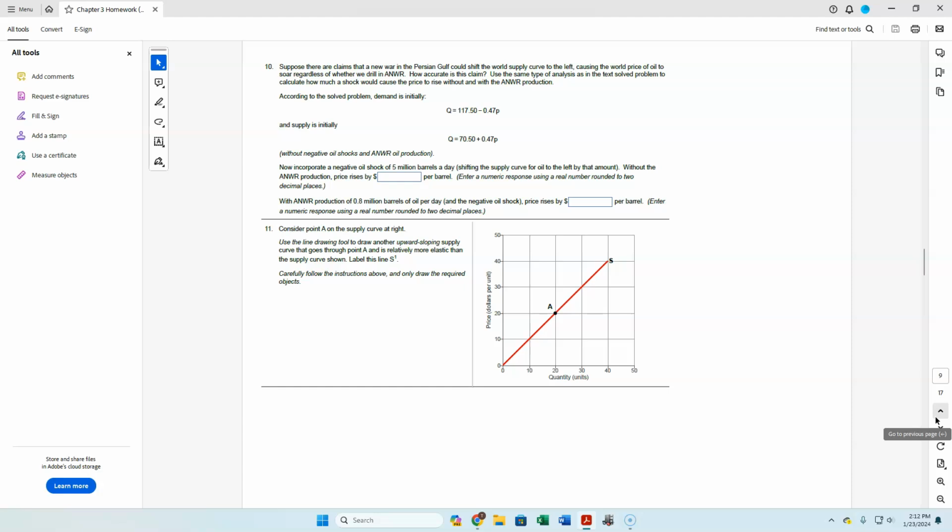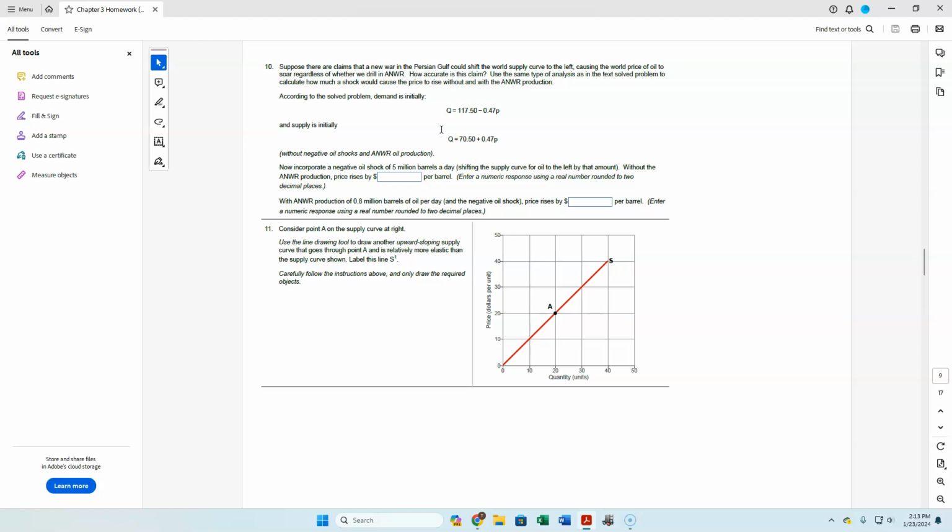Here in number 10, what you need to do is solve for P. So that would mean setting these equal to each other, solving for P, and then substituting in for quantity. And once you do that, what you're doing is comparing it to its old price of 50.